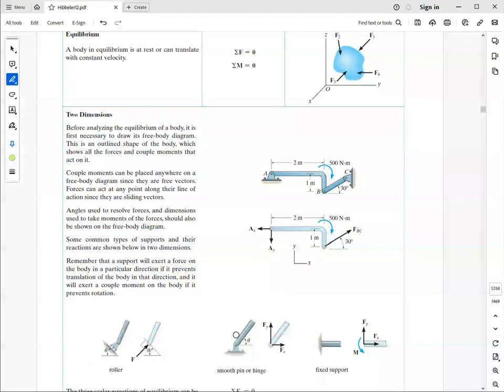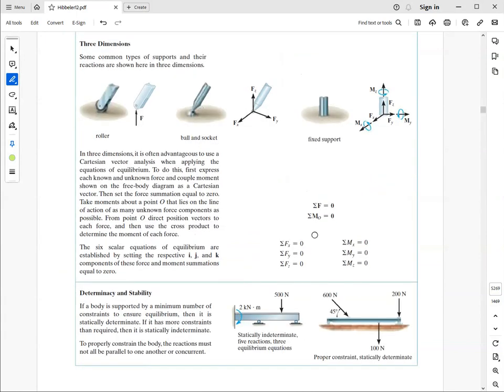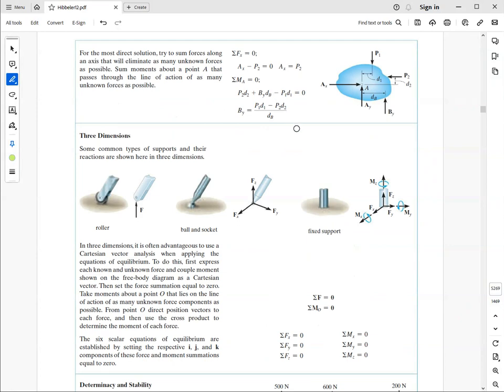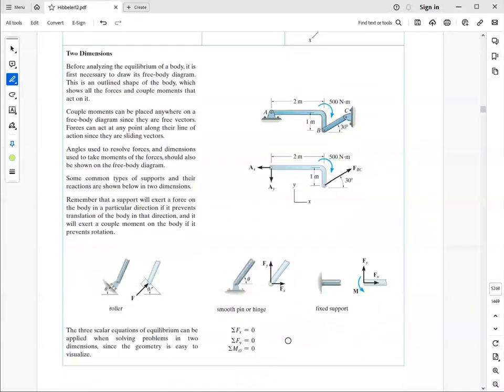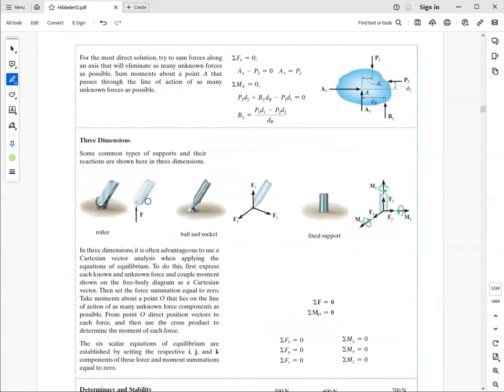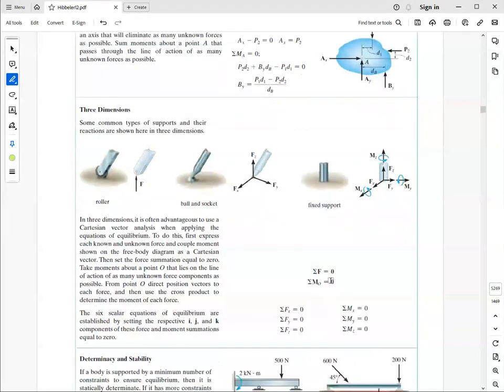So what type of reactions for various supports in 2 dimensions, and the equilibrium. I'm sorry, I'm pointing to the wrong one. And the equilibrium equations, 3 of them in 2 dimensions. In 3 dimensions, the most common constraints, and then the maximum of 6 scalar equations you can write to solve for the unknown reactions.